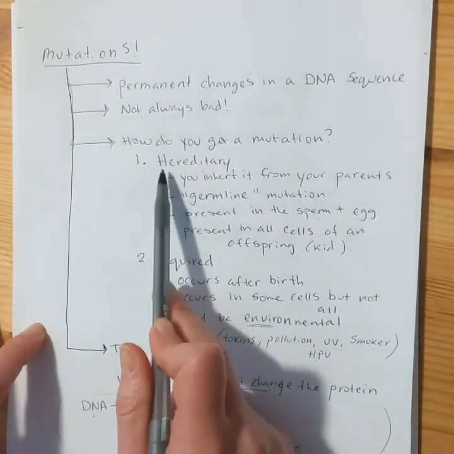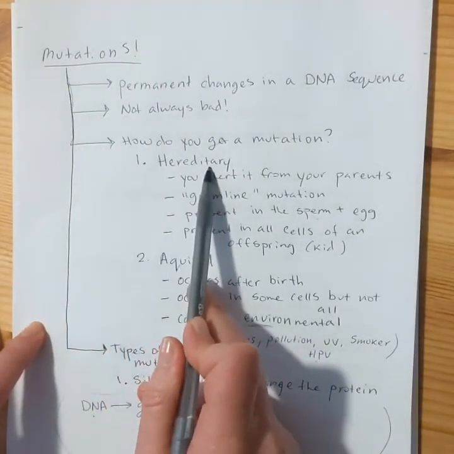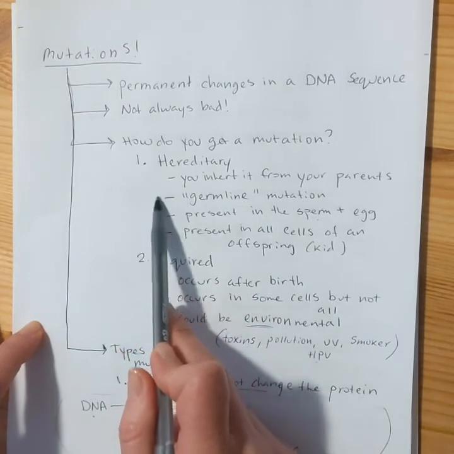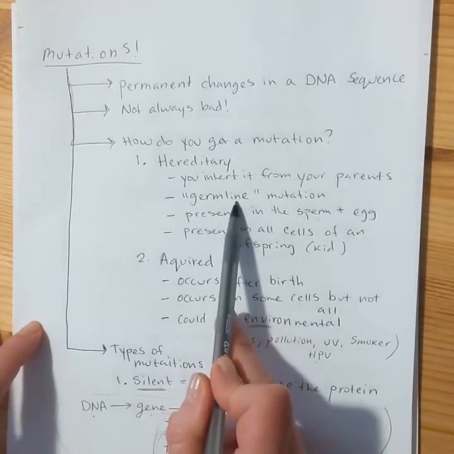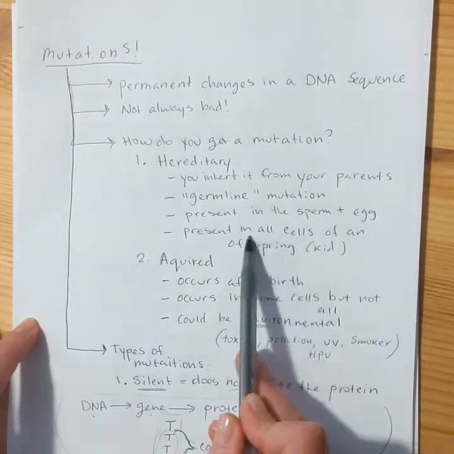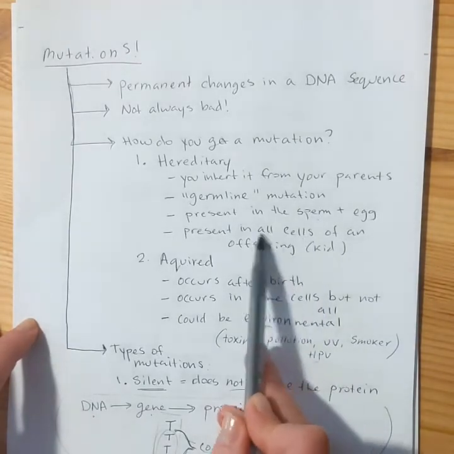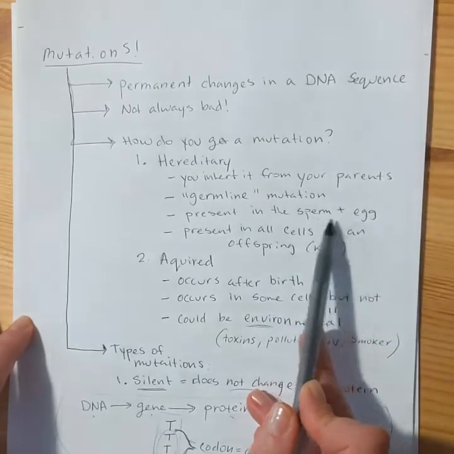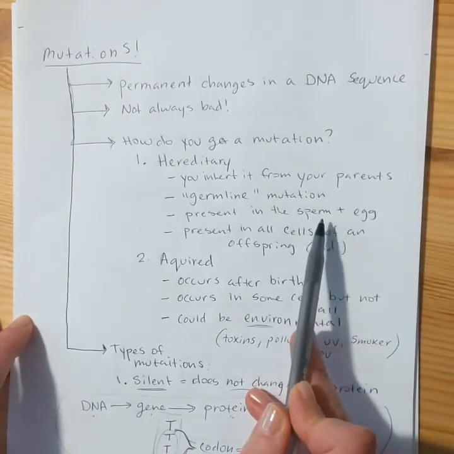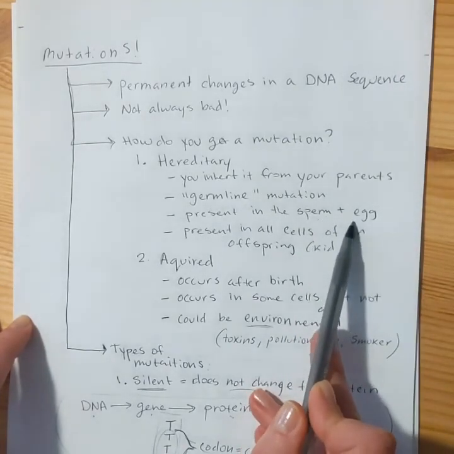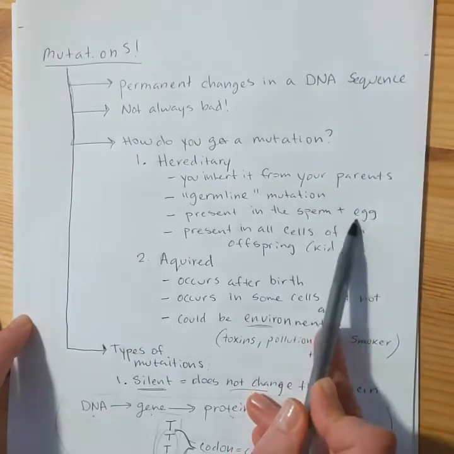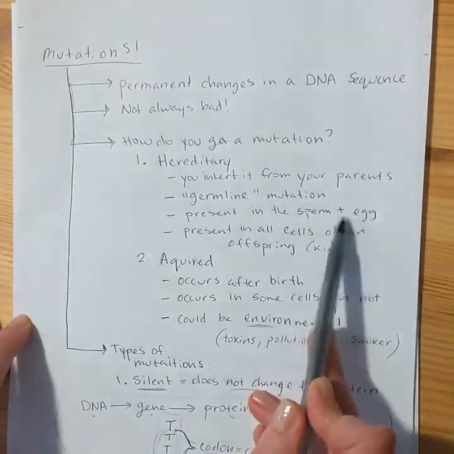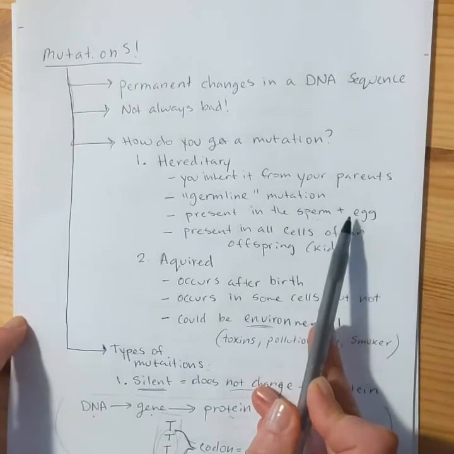We can get a mutation either by inheriting it from our parents, and if we do inherit it from our parents, we call it a germline mutation, and it's present in all of our cells. It's present in all of our cells because it was found in the sperm or the egg of our parents. And our whole bodies are made from mitosis from our zygote, which is the fusion of the sperm and egg.